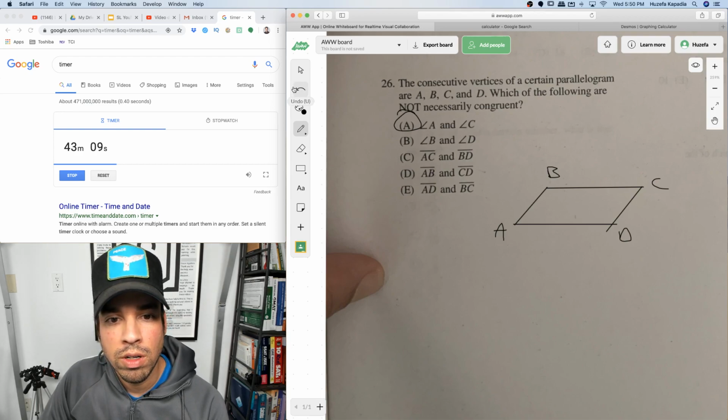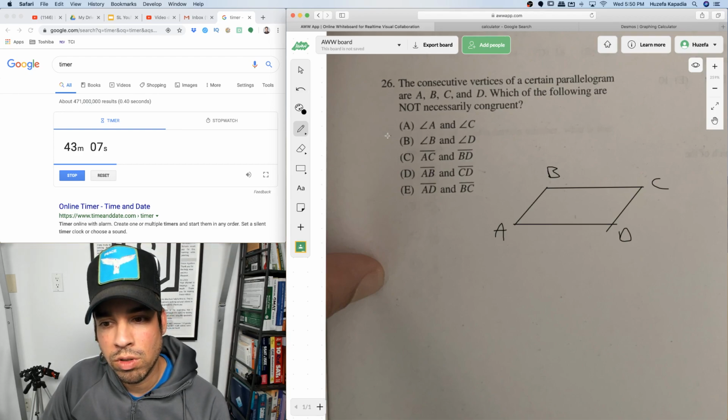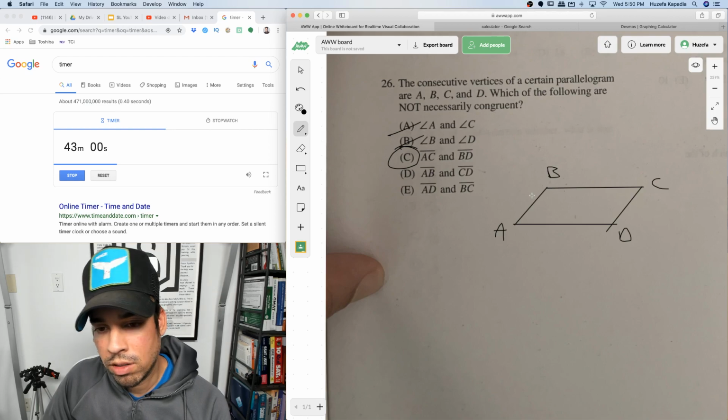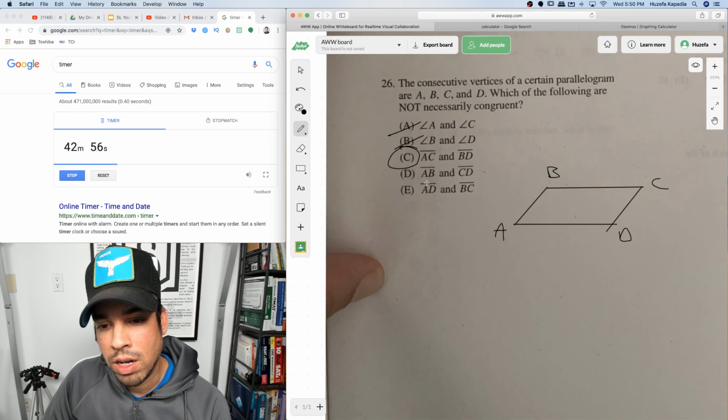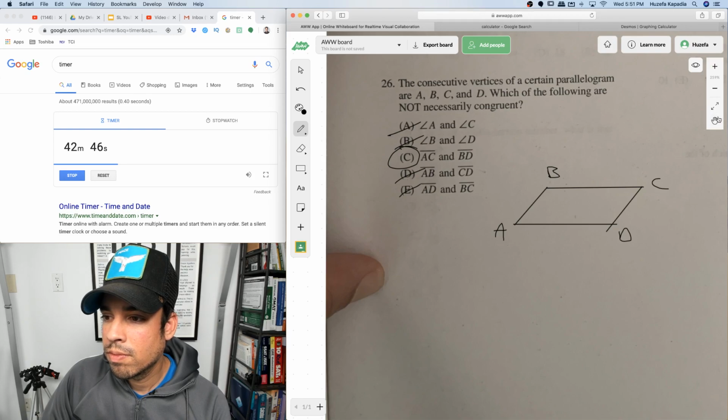Oh, shoot. A and C are congruent because they're opposite angles. A, C and B, D, the diagonals, are not congruent, but they could be if it's a rectangle. A, B and C, D are parallel and congruent, so they're opposites.